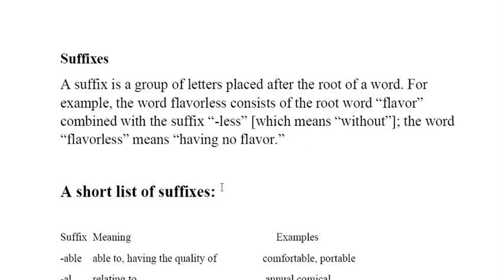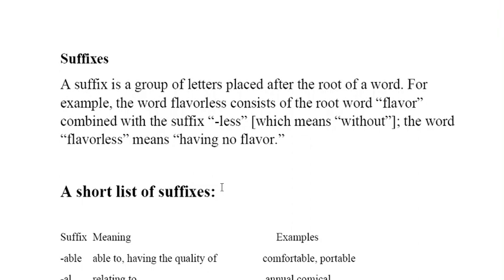So simply, a prefix means the group of letters that takes place before the root of a word, and a suffix means a group of letters that takes place after the root word. So you see an example here, the root word flavor. If we add the suffix less, then it becomes flavorless, meaning having no flavor.